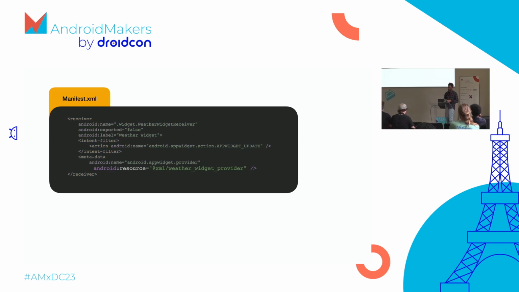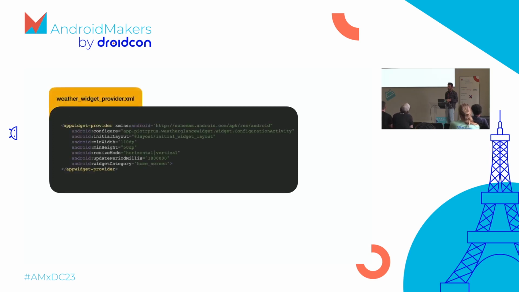The way we are doing it currently for a non-Glance widget is exactly the same as for the Glance widget. So we just need to make the initial configuration. We need to put information about the initial layout, the min width, min height, resize mode available, and update period milliseconds.